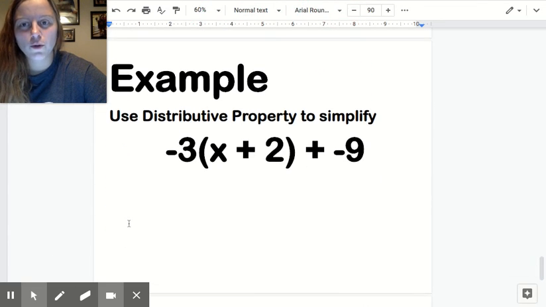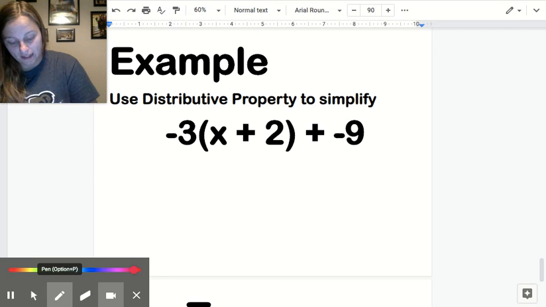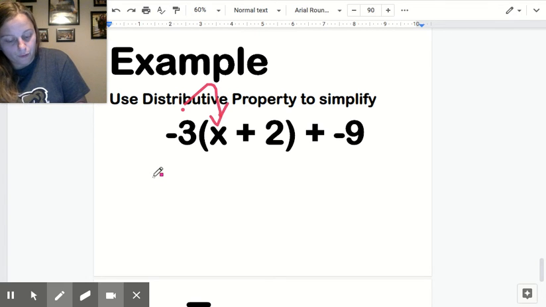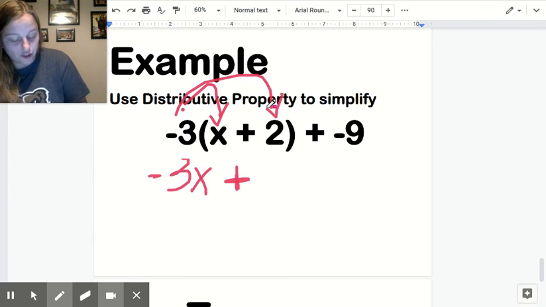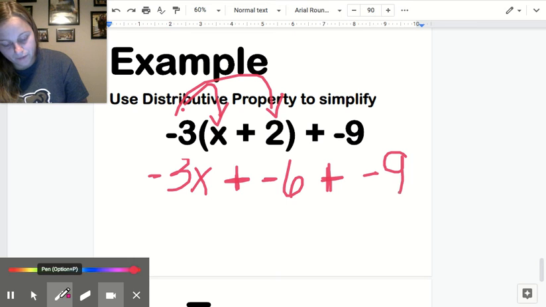Okay. Whew, now we got a longer one. First, we need to try the distributive property. So this negative 3 needs to distribute to everything inside the parentheses. So negative 3 times x is negative 3x, plus negative 3 times 2 is a negative 6, plus my negative 9 that was on the outside.